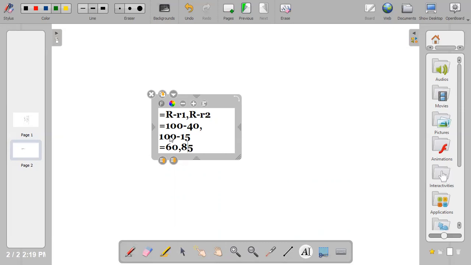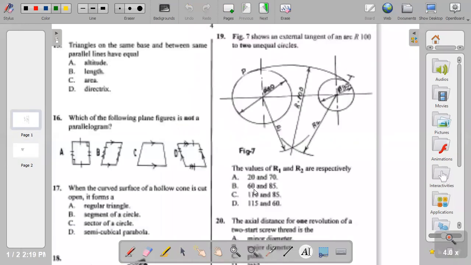Then solve the second one, R minus R2. 100 minus the radius, the diameter for the second one is 30, so the radius will be 15. 100 minus 15 gives us 85. So the answer will be 60 and 85. So the answer to question 19 is option B, 60 and 85.